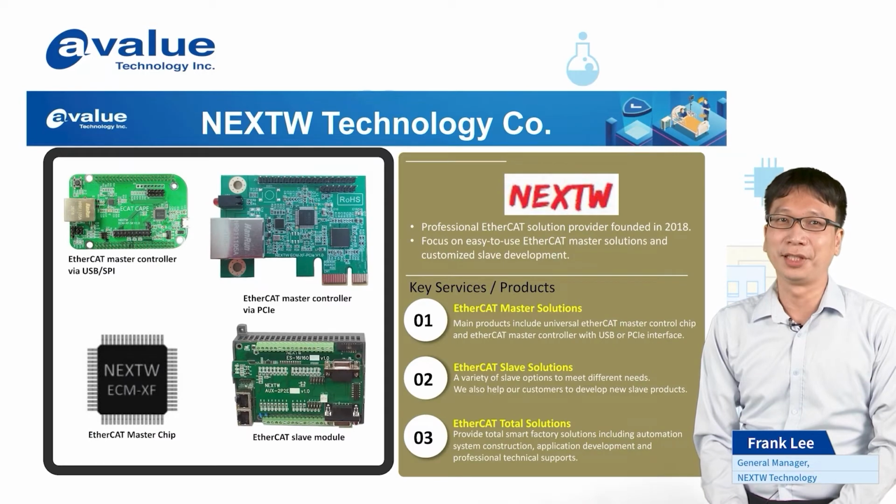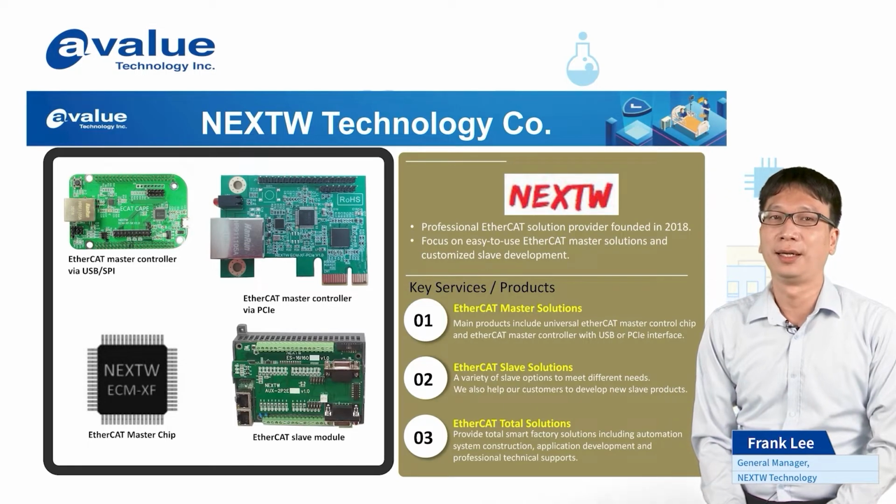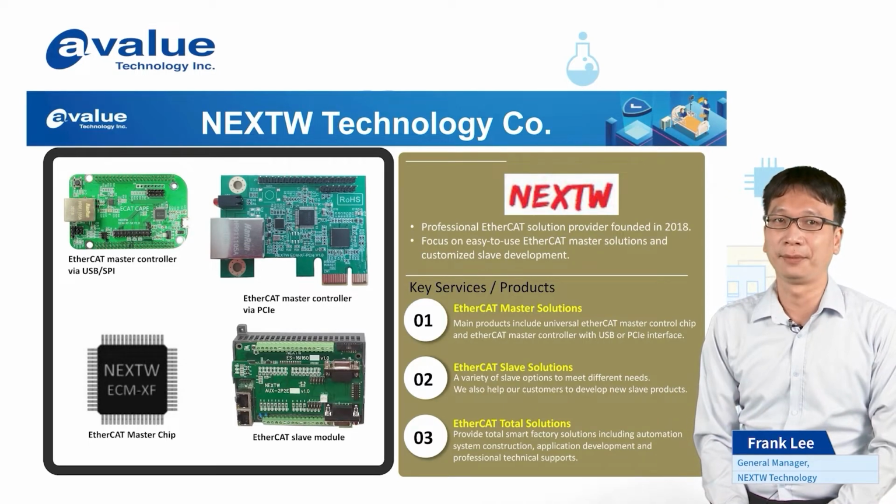Today I'm glad to introduce the industrial network solution to you. It's an IEEE 802.3 standard, commonly used in the smart factory. This year, we have seen more and more customers seeking automation solutions with standards and open protocols, such as OPC UA or EtherCAT. NEXTW is a professional EtherCAT solution provider, founded in 2018.